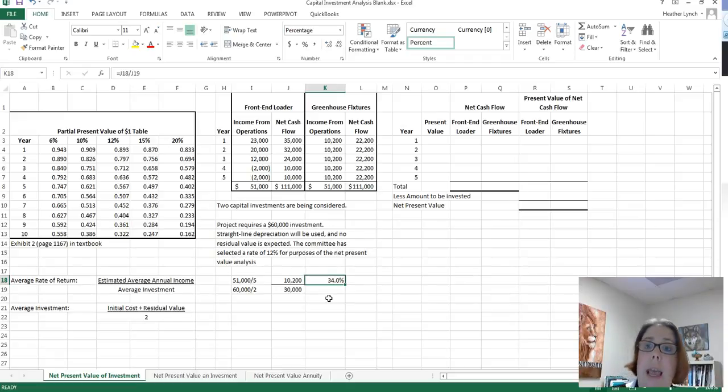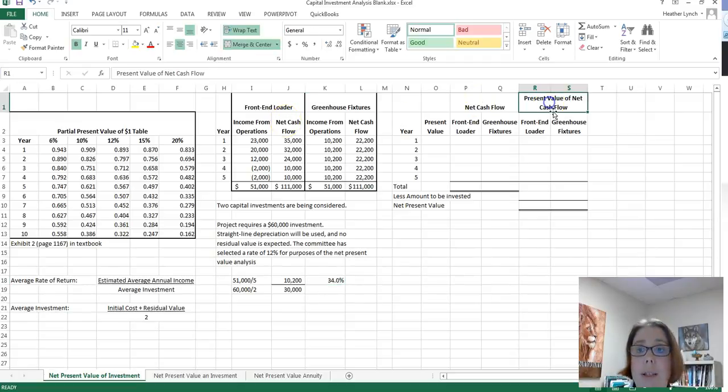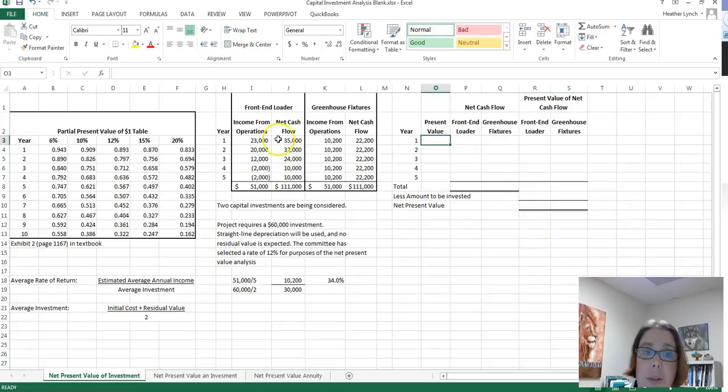Now I want to look at your net cash flows, and then we're going to figure out the present value of those net cash flows. Each year is different for the front loader, from $35,000 all the way down to $10,000, while the net cash flow for the greenhouse is $22,200 straight down. We decided we were going to use a rate of 12%, so we come to our present value table and see the 12%.